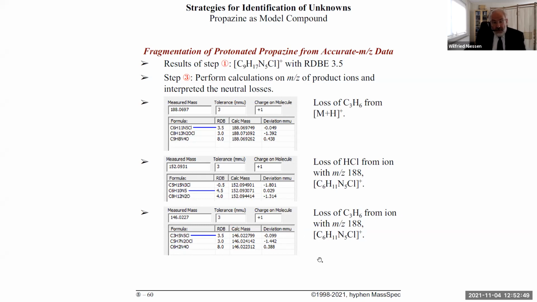And each time I can get an interpretation from that, because I have the elemental composition of the 188. I see the HCl loss to the 152. I see another propyl loss from the 188 to the 146. So basically, I come to the conclusion that I have two C3H6 losses, consecutive C3H6 losses.